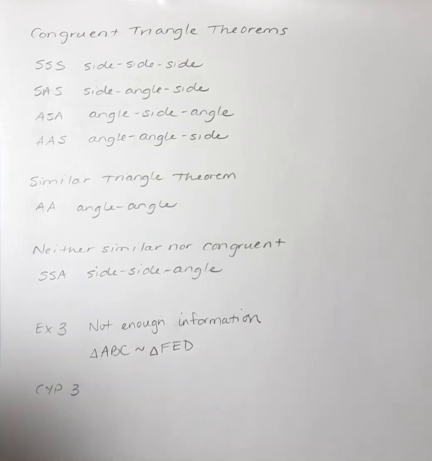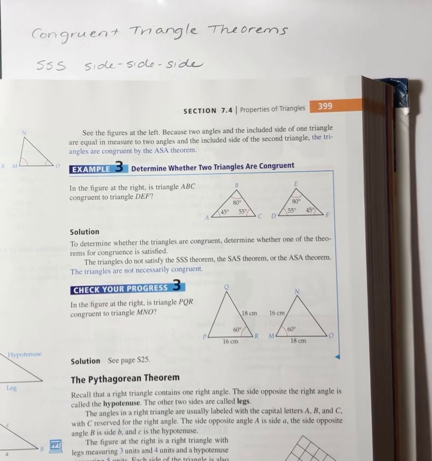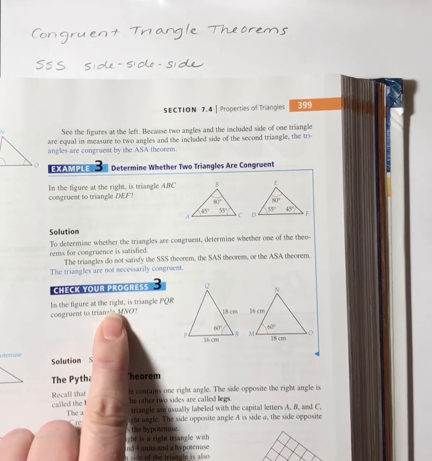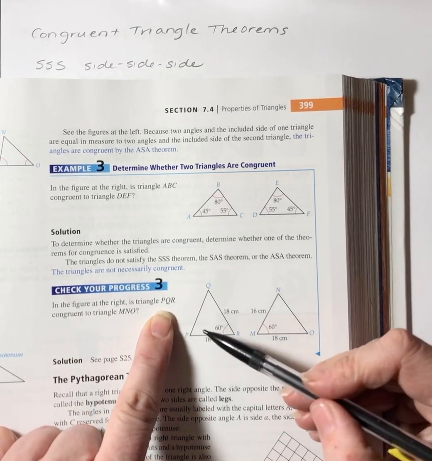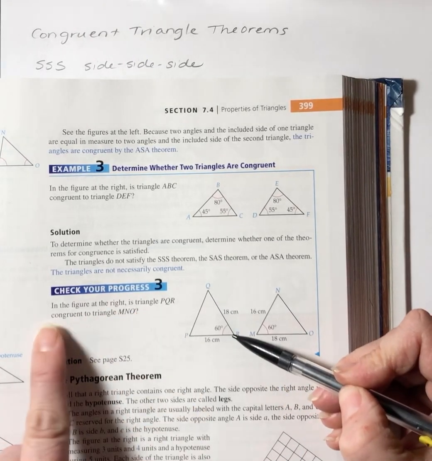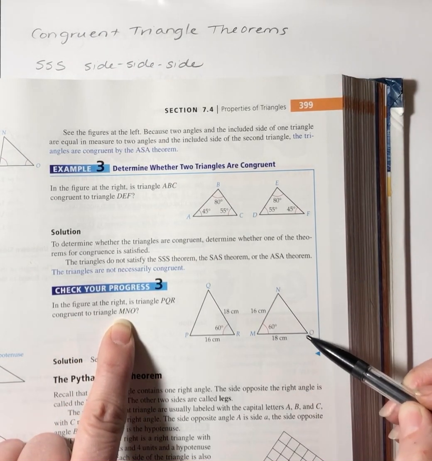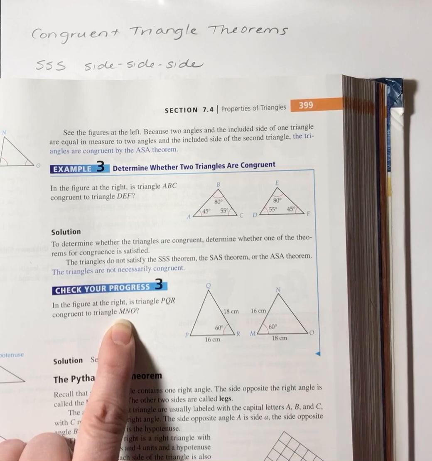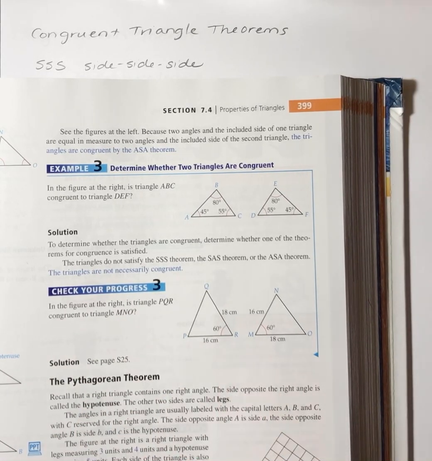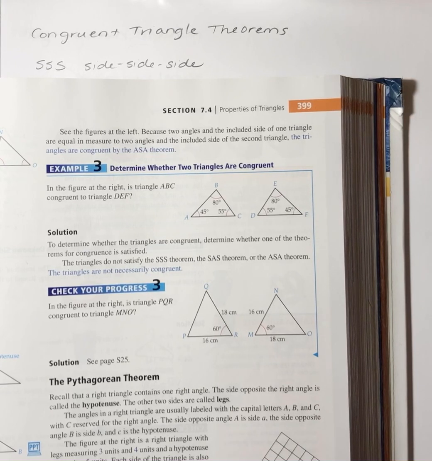Check your progress 3. In the figure at the right, is triangle PQR congruent to triangle MNO? Okay, so for this one, we can see right away that angle R and angle M are indeed congruent.